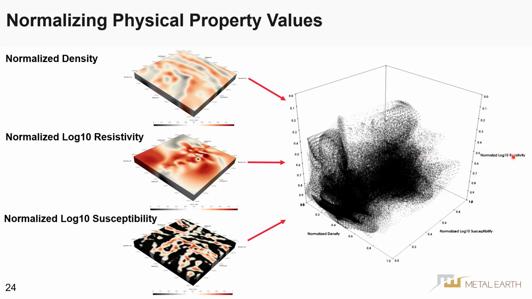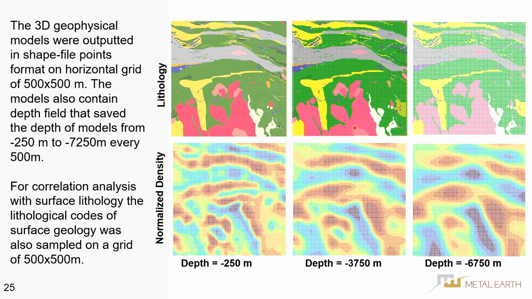So you have resistivity, susceptibility, and density, and you can start doing interesting things like clustering analysis, and see how they look and where they end up. But just before doing that, let's say we have a lithology too. We now have 3 cubes. On the surface, I want to sample my lithology too. I want to see at every 500 meters what my lithologies are, and that's what I generated on top.